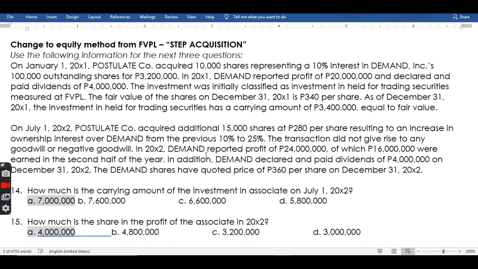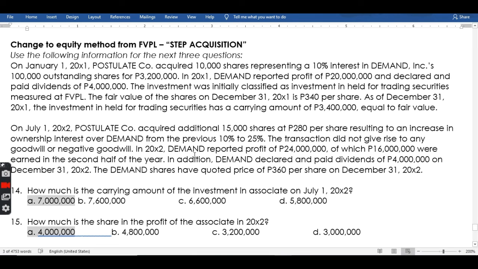The investment was initially classified as investment in held for trading securities measured at FVPL. The fair value of the shares on December 31 is 340 per share. Okay? So, as of December 31, the investment in held for trading securities has carrying amount of 3,400,000 equal to fair value.